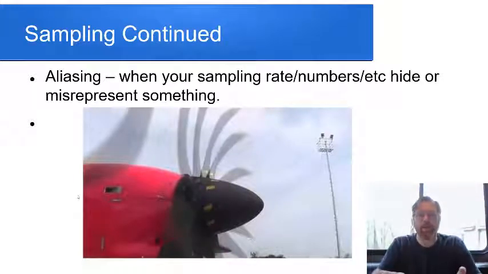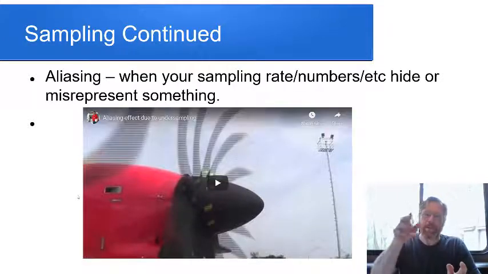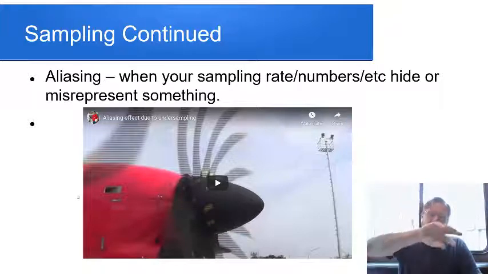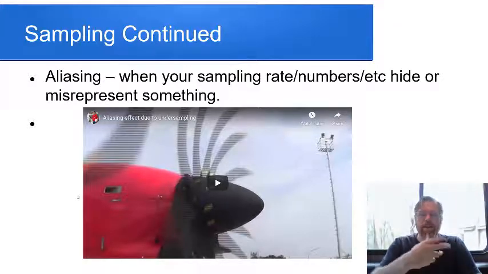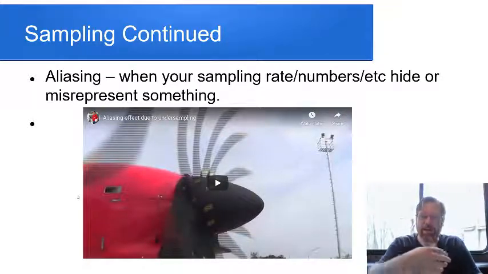If you watch old Western movies, sometimes it looks like the wagon wheels go backwards because the recording rate for the video catches spokes at the wrong time, and so it looks like it's rotating backwards. You can see it on some car shows now. If you watch Top Gear, for example, and you watch the tires as they're being filmed, there's spots where it appears they're going backwards.